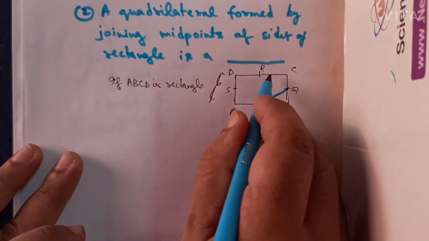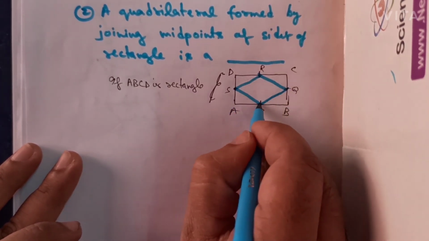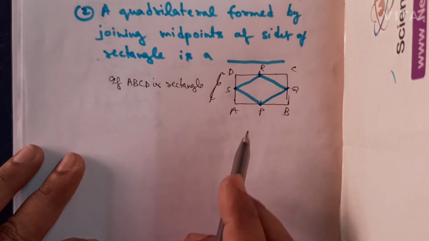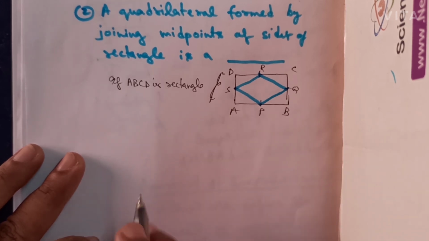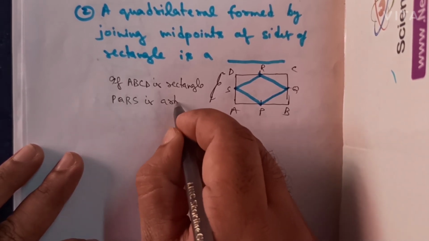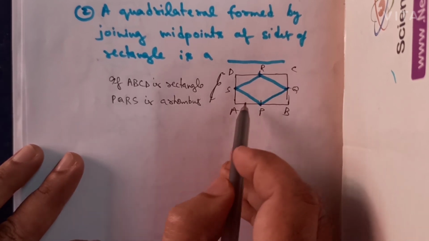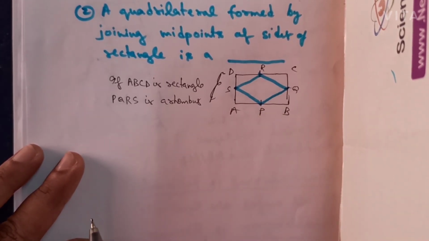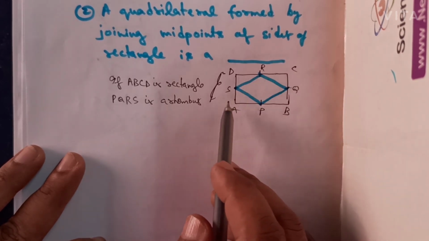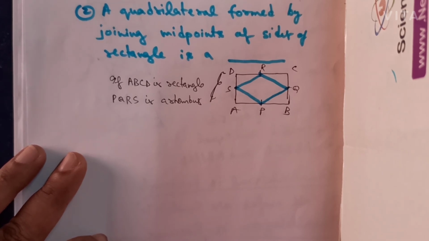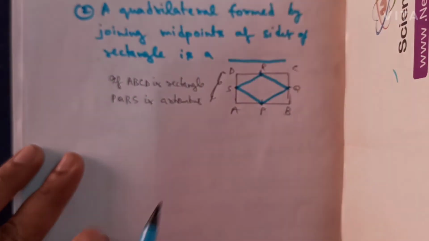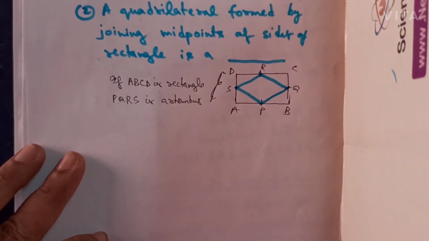Then the figure formed by joining the midpoints of ABCD will be PQRS, and PQRS is a rhombus. Now you can see that AC and BD are diagonals of the rectangle, and since the diagonals of a rectangle are equal, SR will be equal to SP, all sides will be equal, so it is a rhombus, but the angles will not be 90 degrees. Here the angles are 90 degrees in the above case, but here the angles will not be 90.